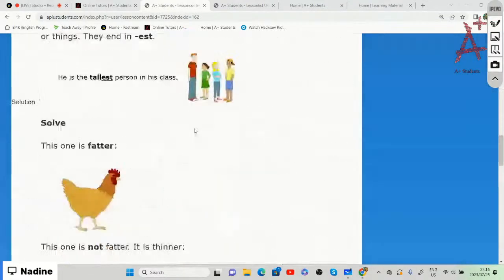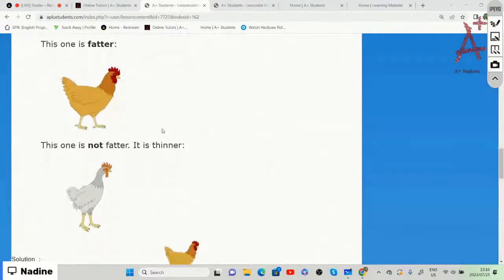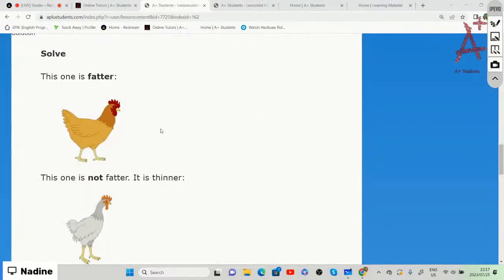Which one is fatter? They want to know which chicken is fatter. If we look at the two chickens, the brown one and the gray one, we need to say which one is fatter.